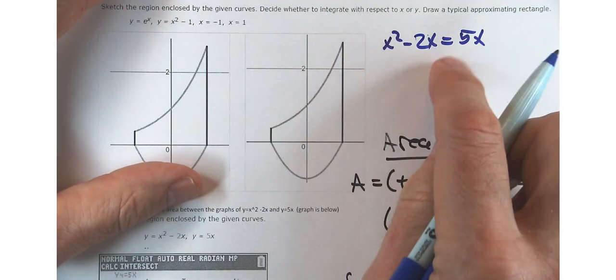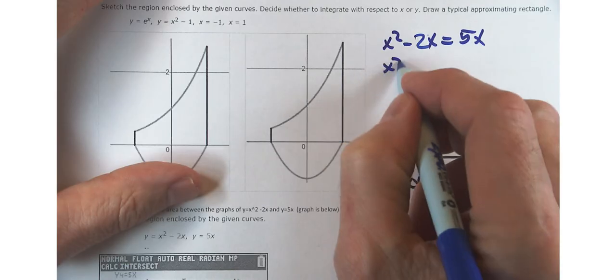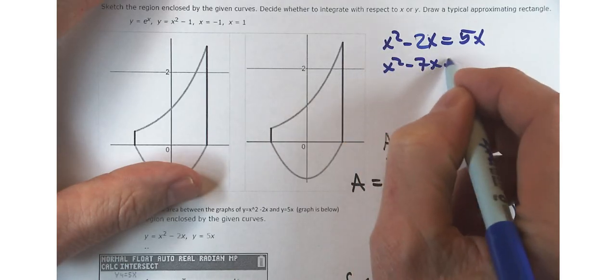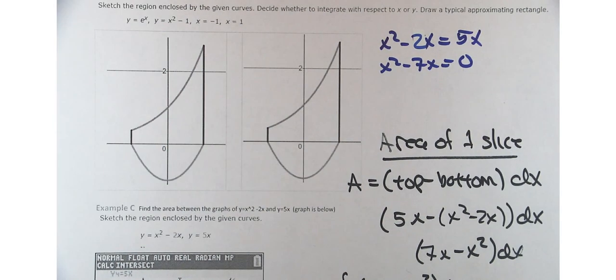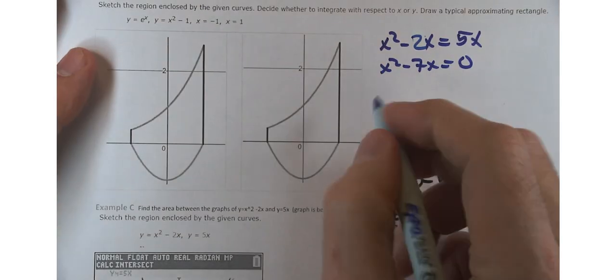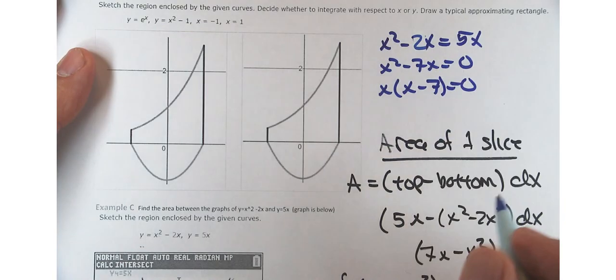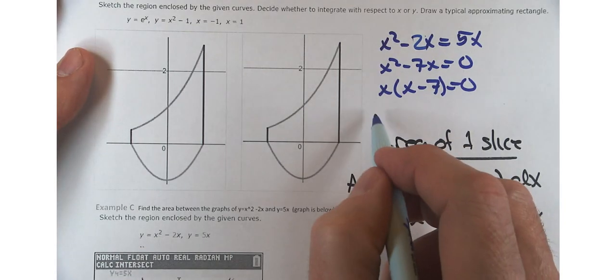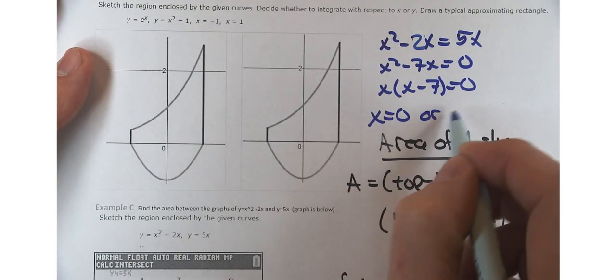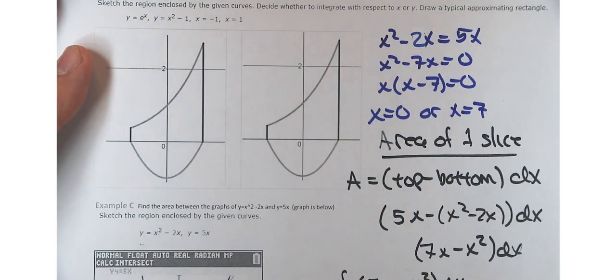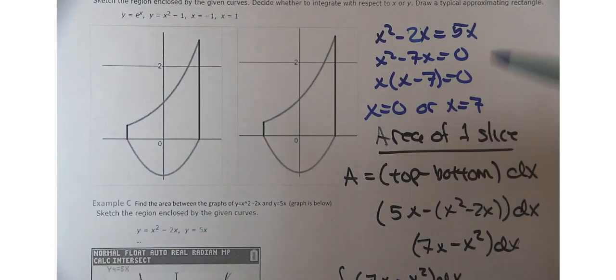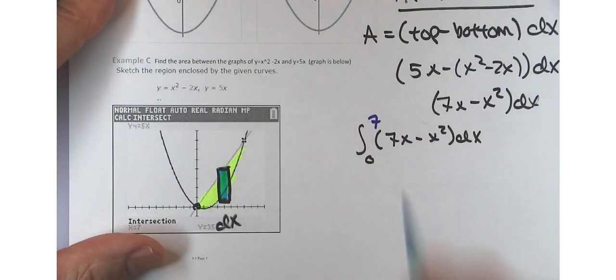If I move this to the other side, I get x squared minus 7x equals 0. Hopefully you don't bust out the quadratic formula on that one. Just factor out an x: x times x minus 7 equals 0. And I can see that either x equals 0 or x equals 7. That's the points where these two curves are going to have the same y coordinate. That's where they're going to meet. So that's going to be your upper limit right there.